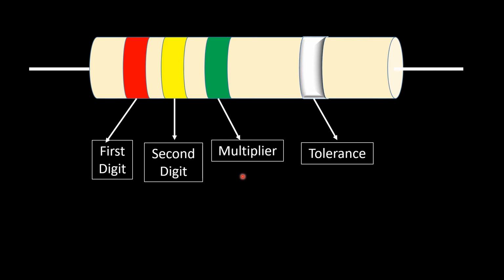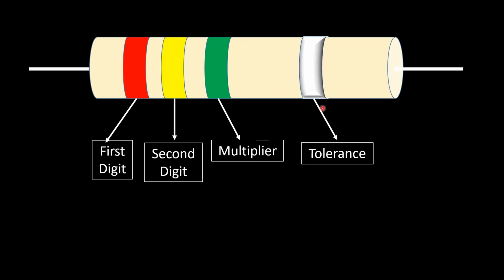So what is the order of the resistance? It is determined by the third band. When you say the resistance is 100 ohm, it is not necessary that it will be perfectly 100 ohm. It may be 95 ohm, it may be 105 ohm. How much variation is possible is mentioned by the fourth band.